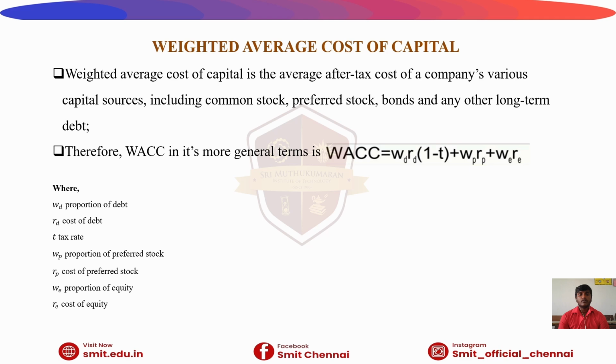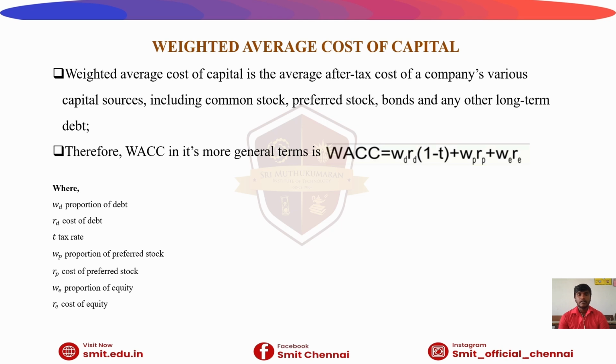And this is the formula for the weighted average cost of capital. I will explain it. You can see in the formula: WD, proportion of debt; RD, cost of debt; T, the tax rate, which means the corporate tax rate, which is framed and given to the companies by the government.